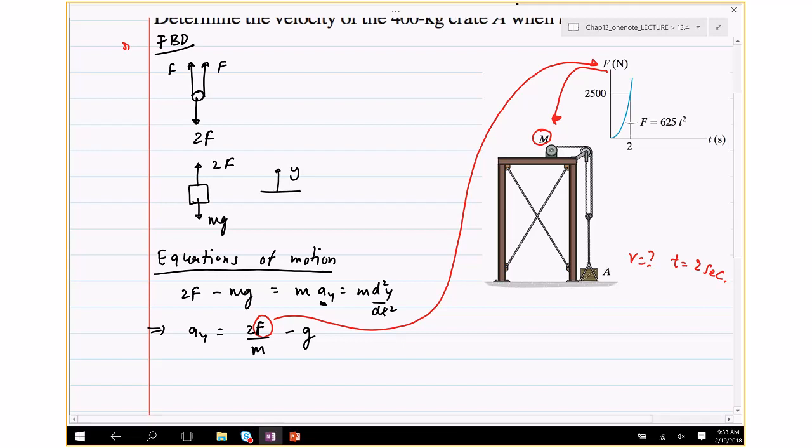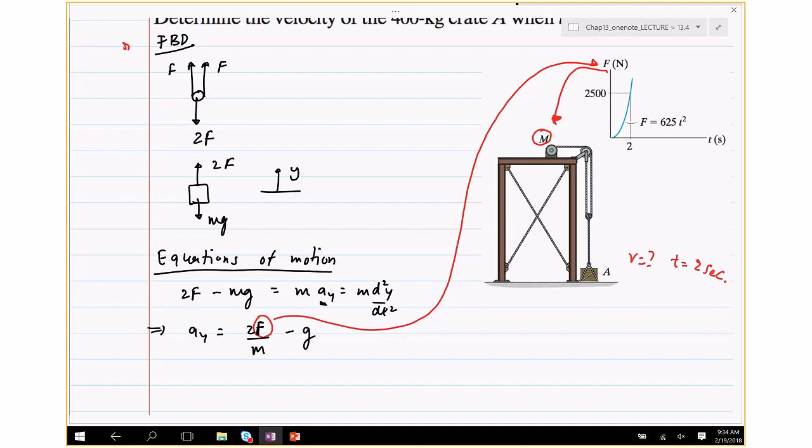However, there's a catch. Initially the block A is resting on the ground, which means that the tension is zero, as shown there, F is zero. But clearly, if you apply a force, this mass will not start moving up until the force is at least equal to or greater than mg.